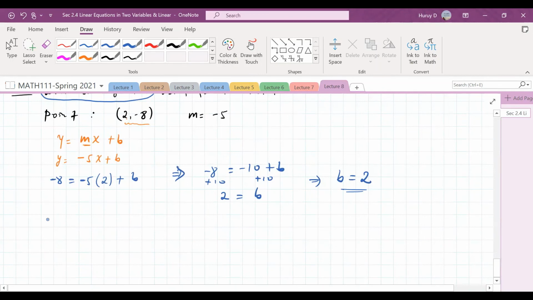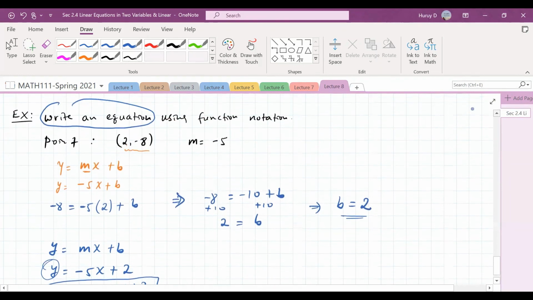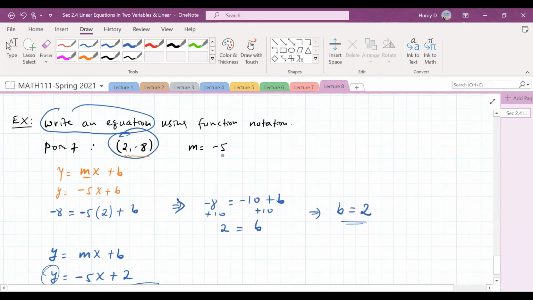Therefore, the equation is y equals mx plus b, so y equals negative 5x plus 2. But the question says we want this in function notation. So instead of y, I will use f of x equals negative 5x plus 2. Therefore, this becomes the equation of the line which passes through this point and has a slope equal to negative 5.